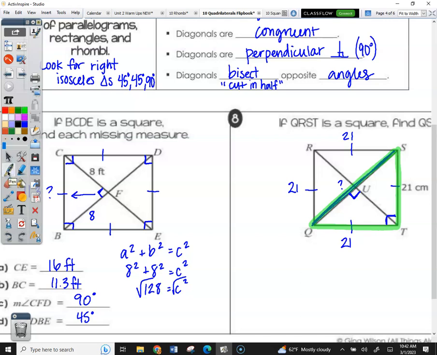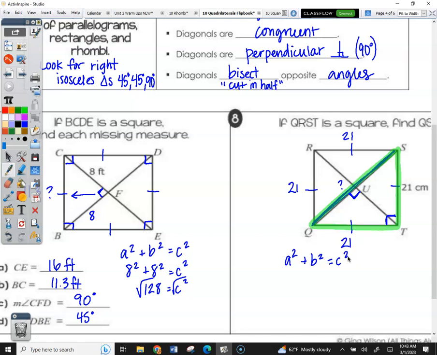How many sides do you know? 2. You know 2 sides of the green triangle. That's 21, that's 21. You don't know the hypotenuse. It is the hypotenuse, that's the longer side. So set it up. A squared plus B squared equals C squared.